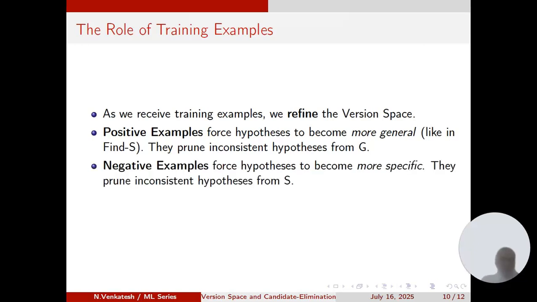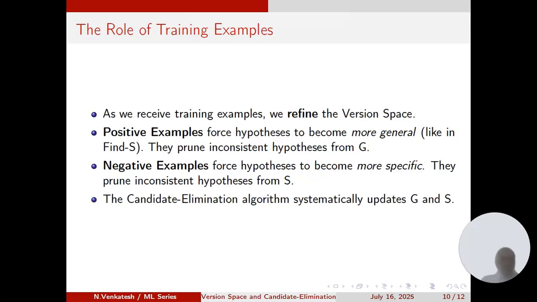And with the negative examples, we have to make the general boundary more specific, because the general boundary is expected to say true in most cases, so we have to make it more specific so that the negative example is satisfied. And at any time, the hypotheses in G and S which are not consistent with the training examples are removed.